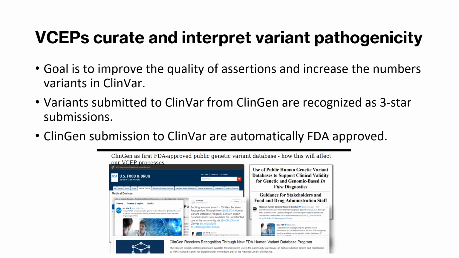Because all ClinGen VCEP variant classifications are automatically recognized by the U.S. Food and Drug Administration FDA-recognized human variant database, all ClinGen VCEPs must follow an FDA-specified process for formation, approval, curation, assessment, and publication of variant classifications of pathogenicity.